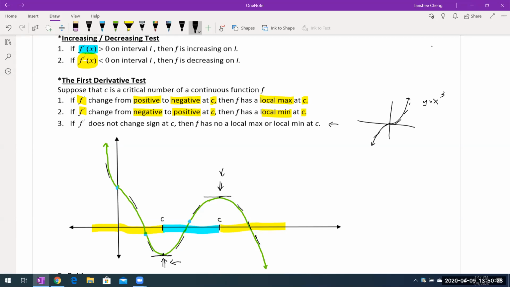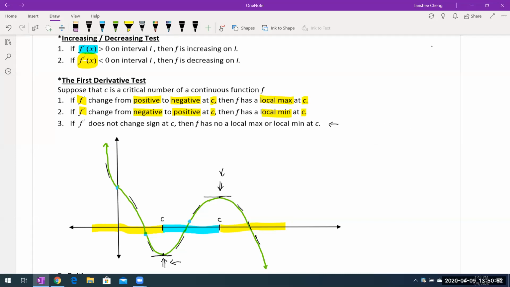Those types of functions do not have a local maximum or local minimum, okay? Or in a certain interval of the function, if that interval is always increasing or always decreasing, then we don't have any local maximum or local minimum at this point.